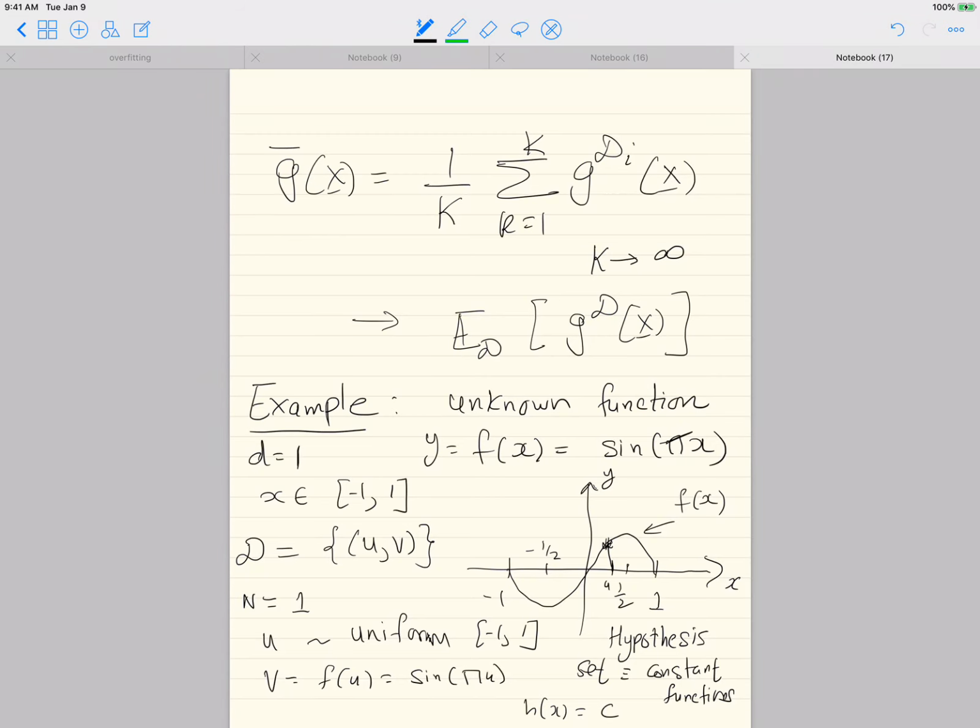Should you output this line, the horizontal line? Should you make h of x to be 0? Is that reasonable? What will you output? H of x is whatever v is, right? So the output will look like this. It should pass through v because you want to minimize your training error, right? That's a natural thing to do. Well, you have one point. All you know is this value here. You have no idea what f of x is. So your output will look like this.